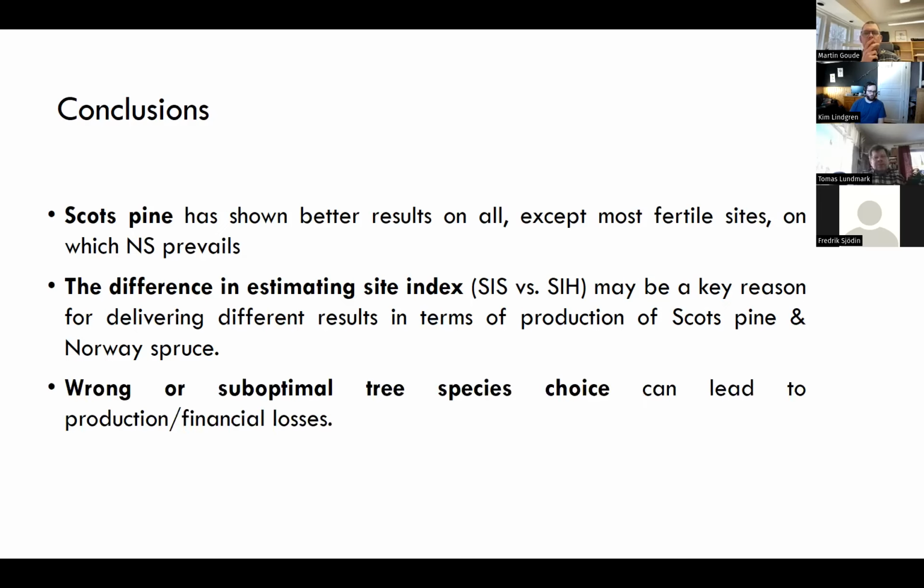And then we conclude that wrong or suboptimal tree species choice can lead to substantial production losses and, in consequence, also financial losses.